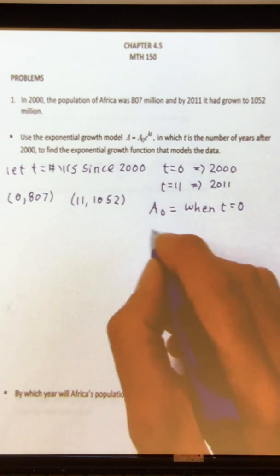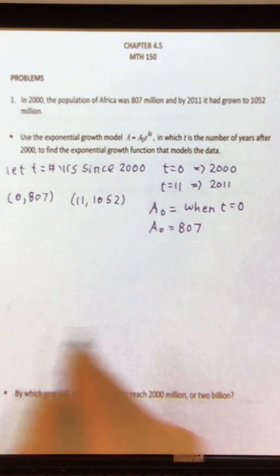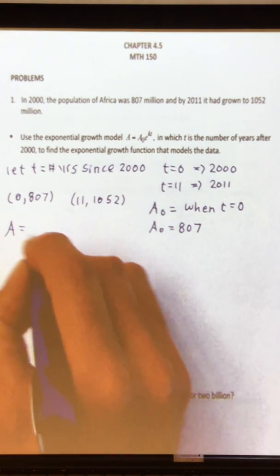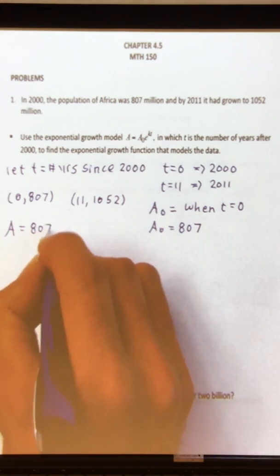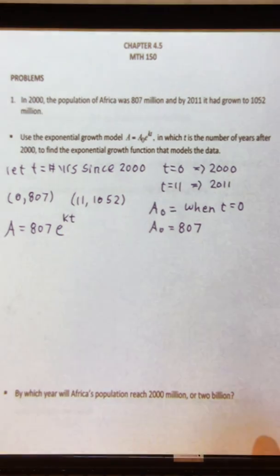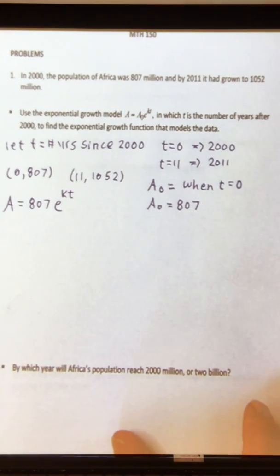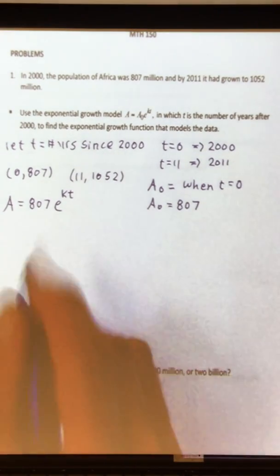So A0 is 807. So we can write our exponential growth model to be A equals A0, 807, e to the kt. Now we use the other ordered pair, 11, 1052, to find the growth value k.